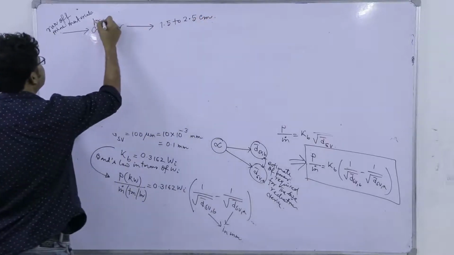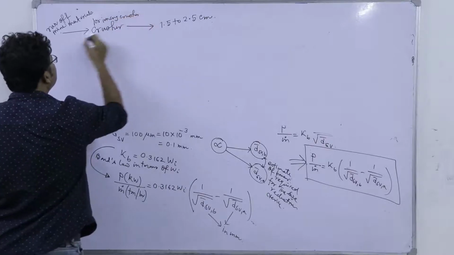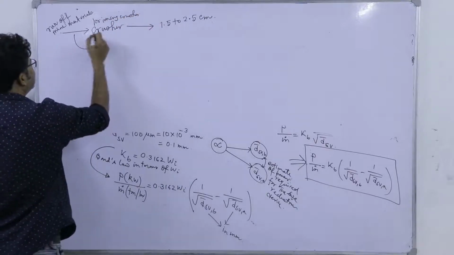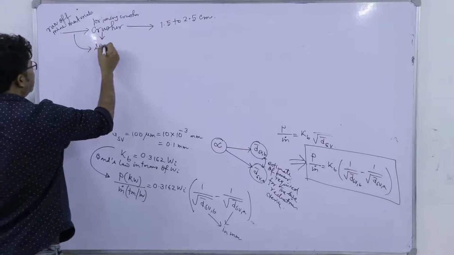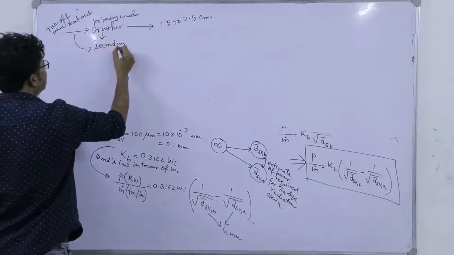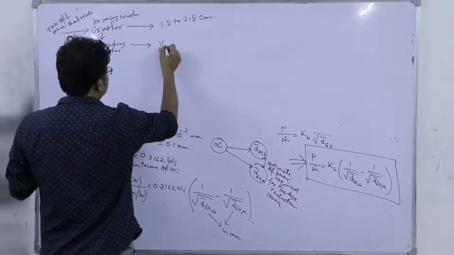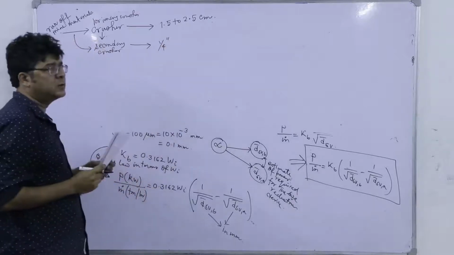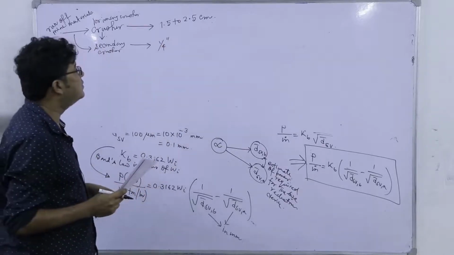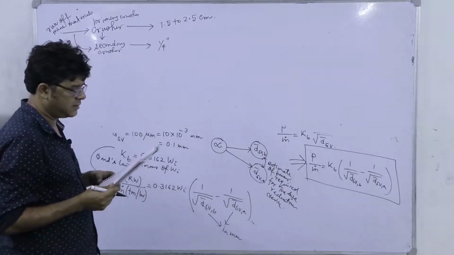This is a primary crusher. Now, you can feed the primary crusher outcome to a secondary crusher, and it reduces to a product size of 1/4 inch. 2.54 centimeter is 1 inch, so 1/4 inch size.